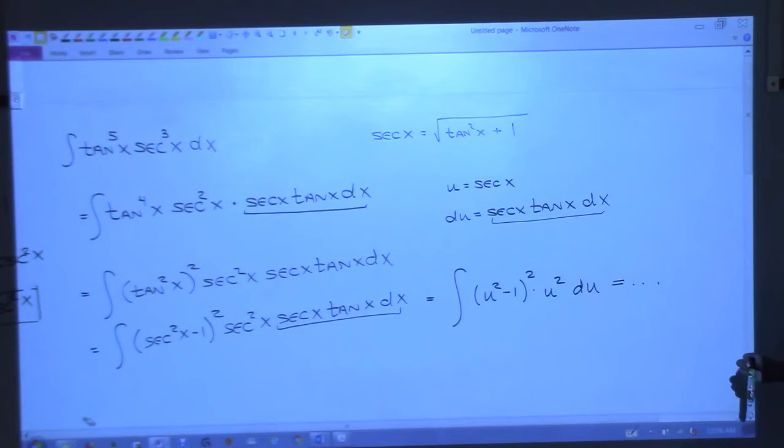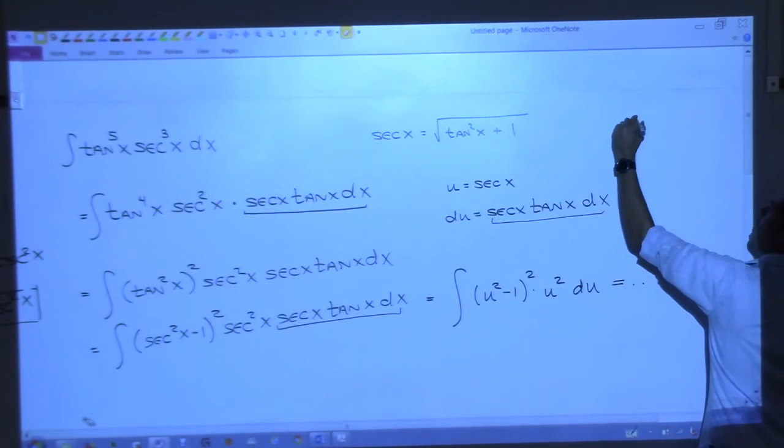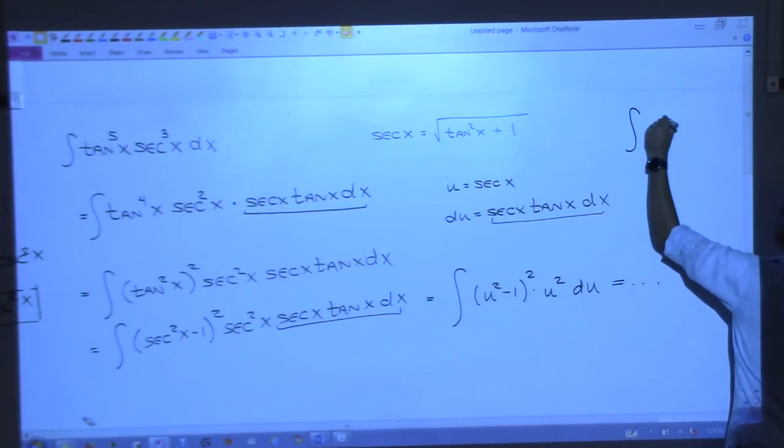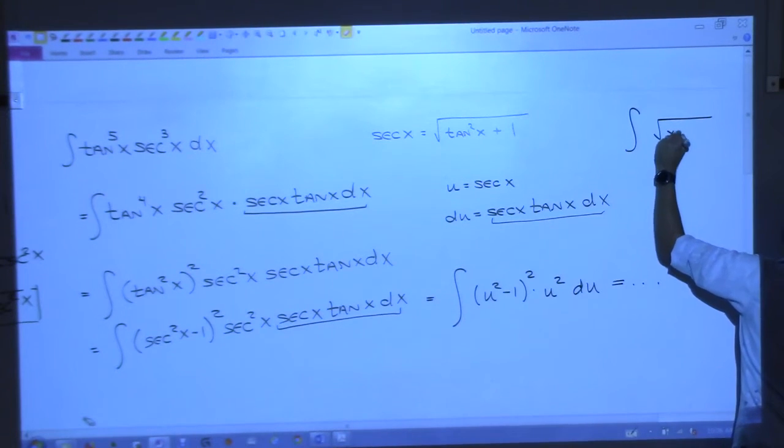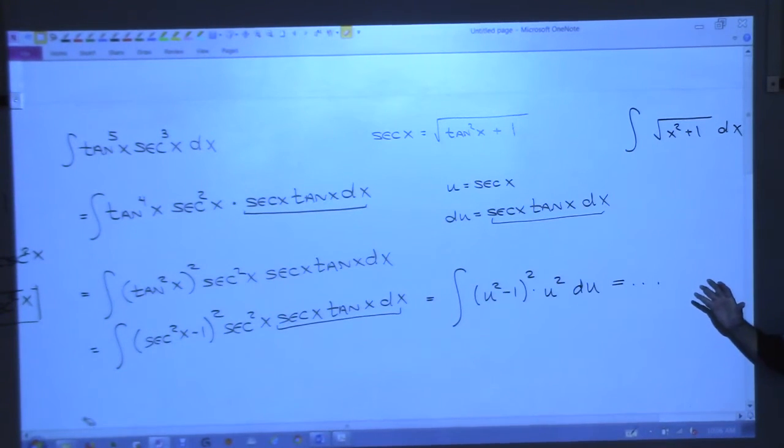So think about this. Let's say I gave you an integral that looked like this: the integral of the square root of x squared plus 1 dx, and I asked you to integrate that. You have no method for this, okay? There's no integration by parts, no basic u substitution. This is obviously not a trig integral because there's no cosines, sines, tangents, or secants.